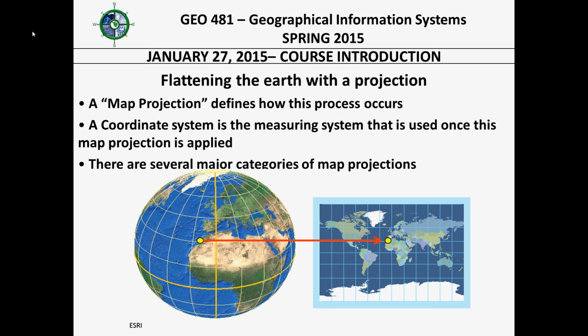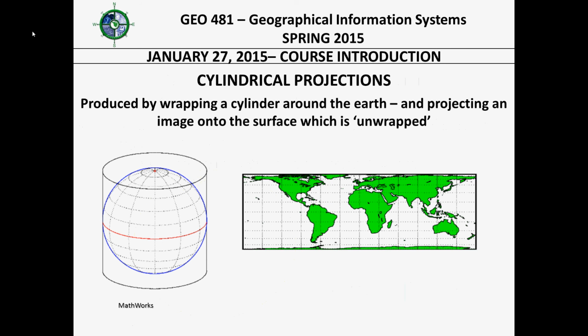There are several major categories of map projections. Each of these graphics doesn't show the algorithm, but shows in a broad sense how it works. So a cylindrical projection, think of a flashlight. You wrap the Earth in a cylinder, shine a flashlight on it, and then the features of the Earth move from the globe onto the cylinder piece of paper, which you would unwrap. A very technical way of describing it.